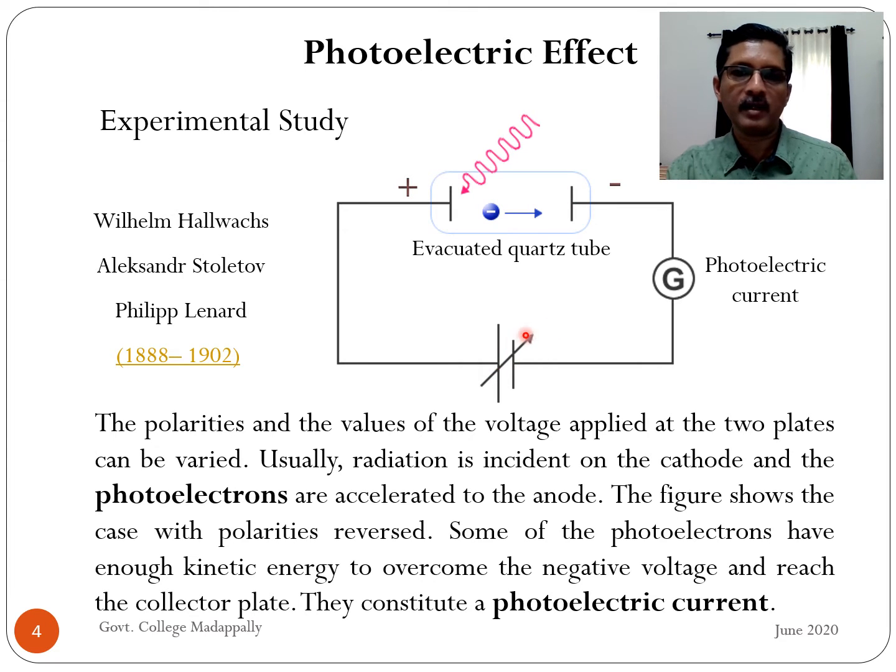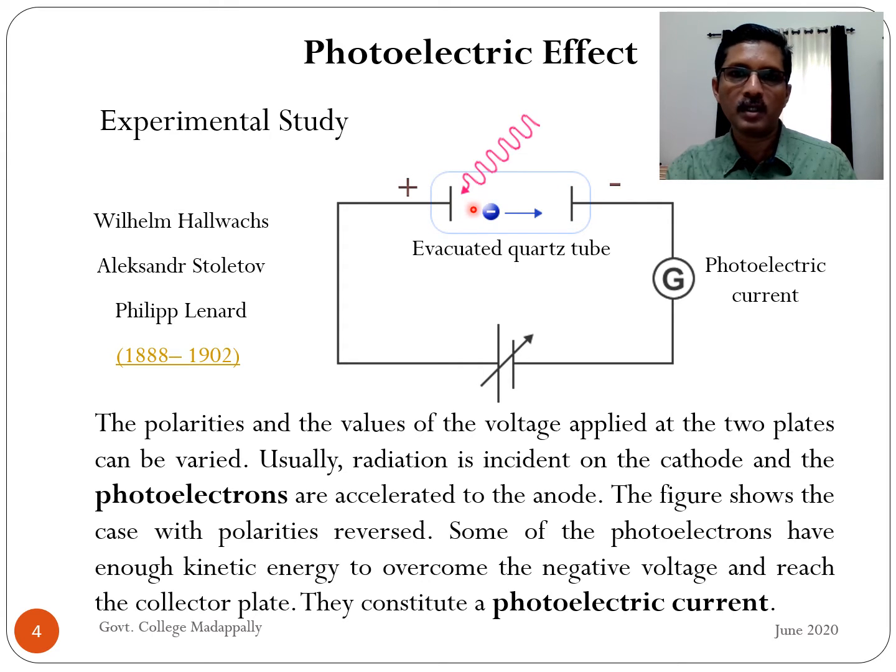But we can vary the voltage in such a way that these polarities can be reversed also. In this particular figure, I have shown these metal plates with polarities reversed. Even though this is the cathode emitting electrons, now it has positive voltage, and even though this collector plate is normally the anode, it has negative voltage here.